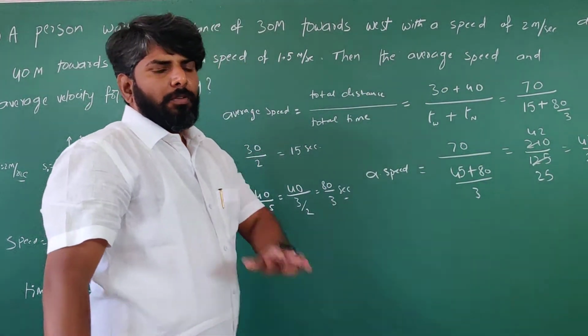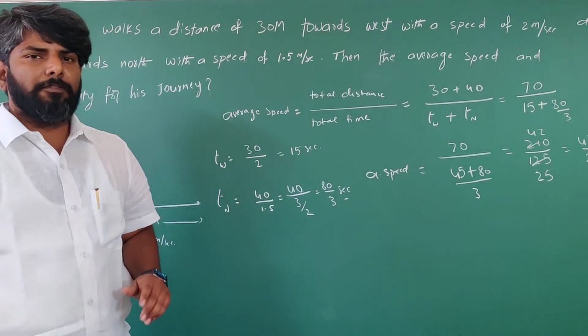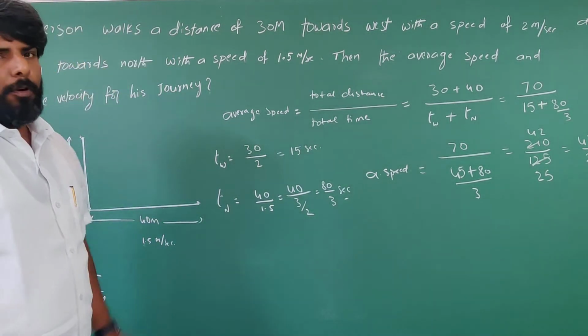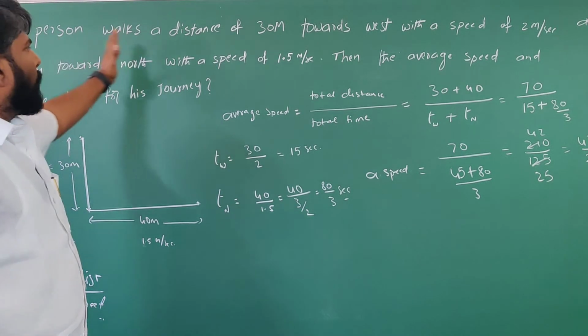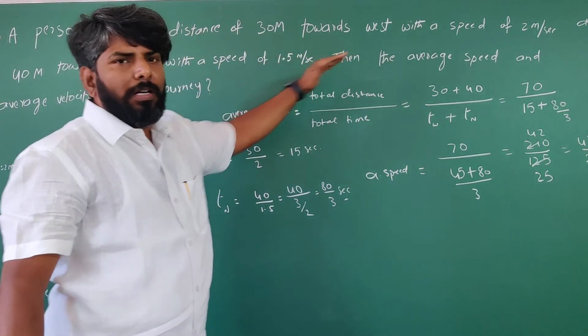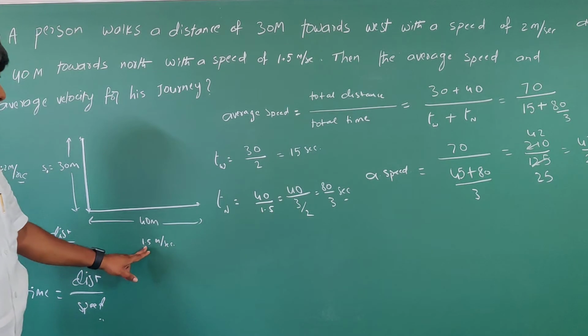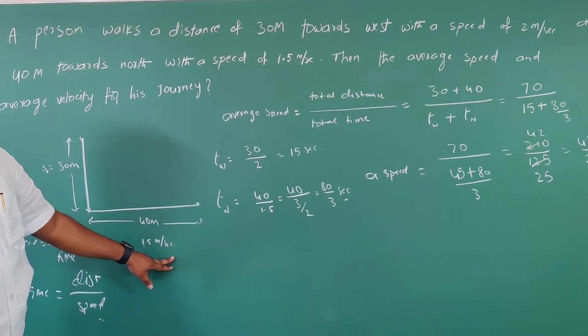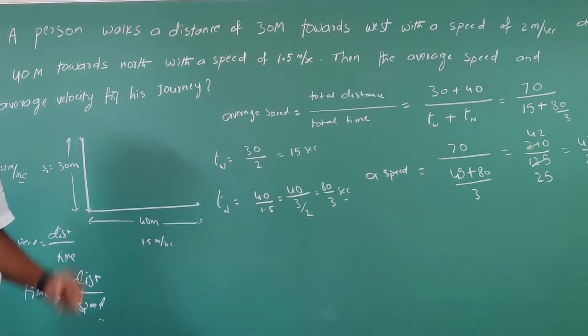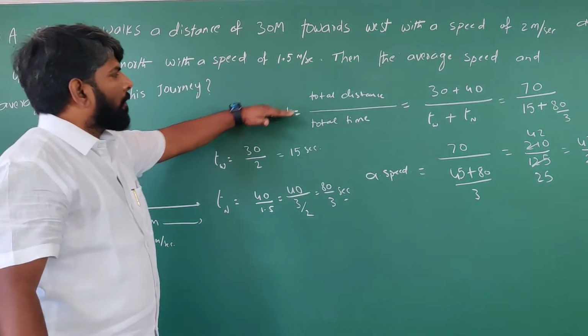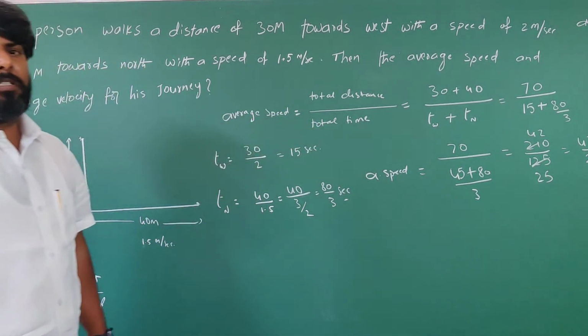Got it, students? Don't get confused. Please observe carefully and read the problem properly. A person walks 30 meters towards west with a speed of 2 meters per second and 40 meters towards north with 1.5 meters per second. Now average speed means total distance by total time.